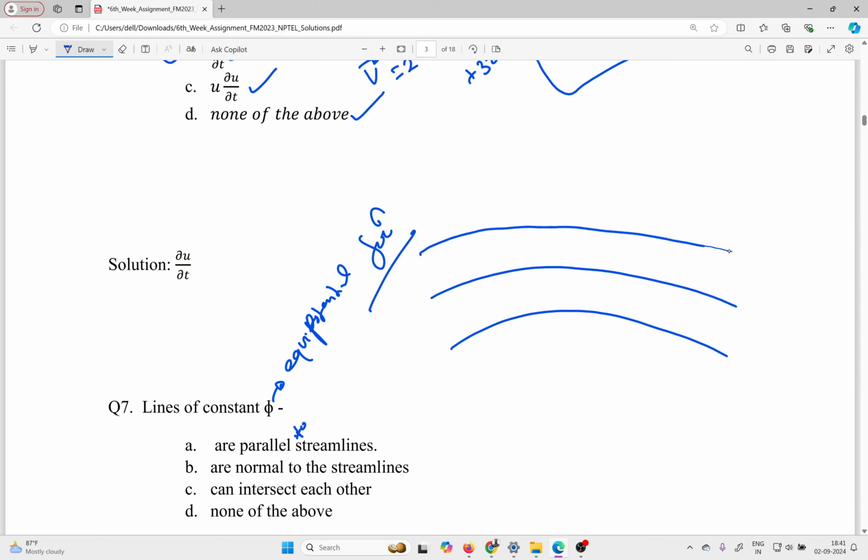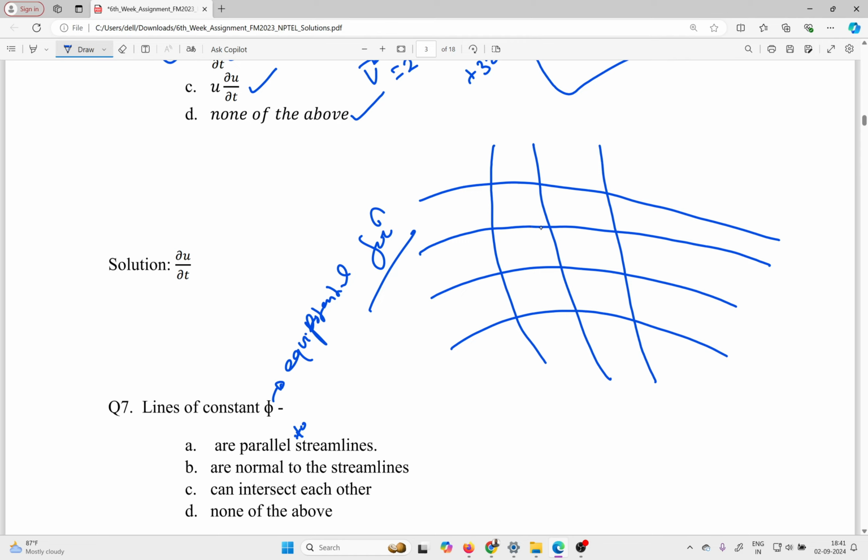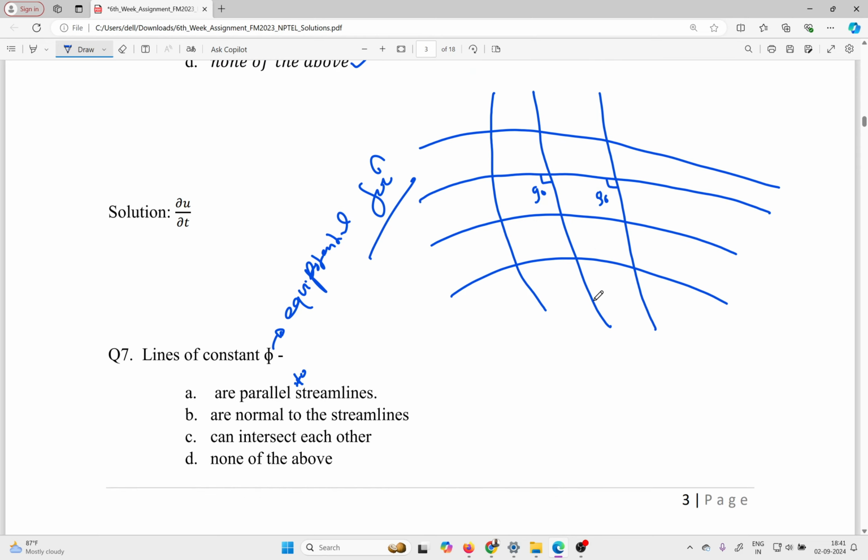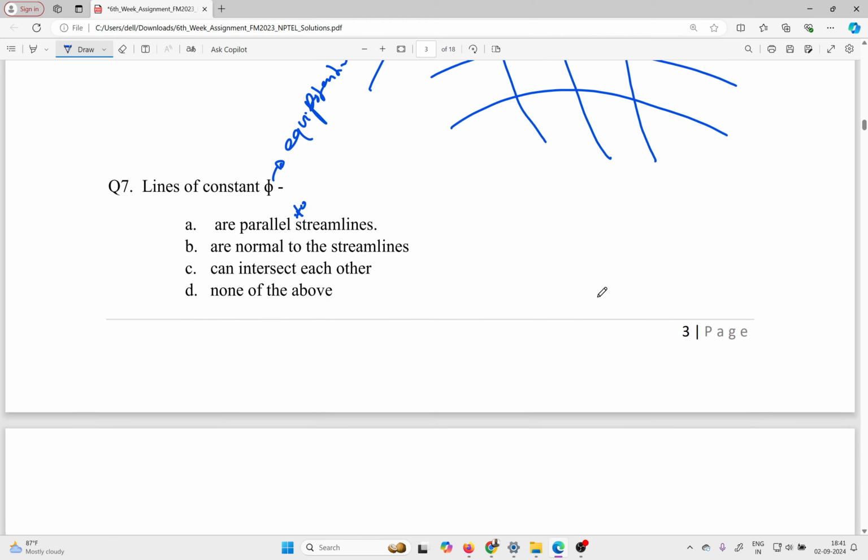This concept will be used in fluid mechanics also if your background is civil engineering. It is at 90 degrees, please remember. This is 90 degrees, this is 90 degrees. So remember always, please. Now moving ahead to the next question.